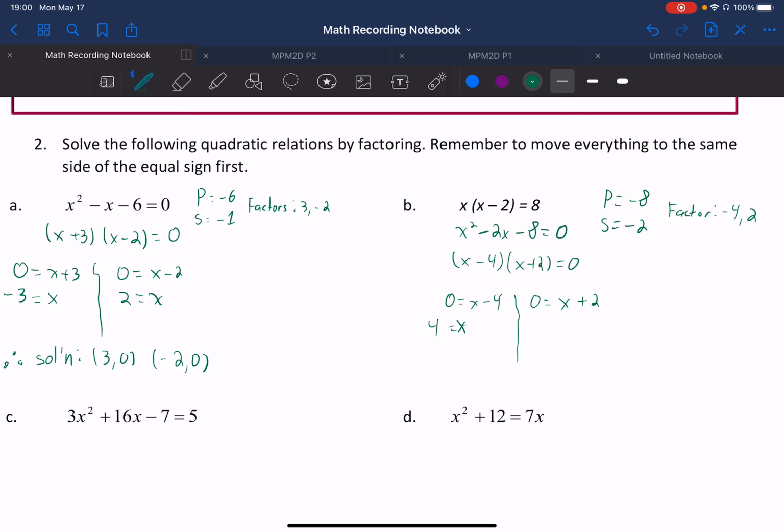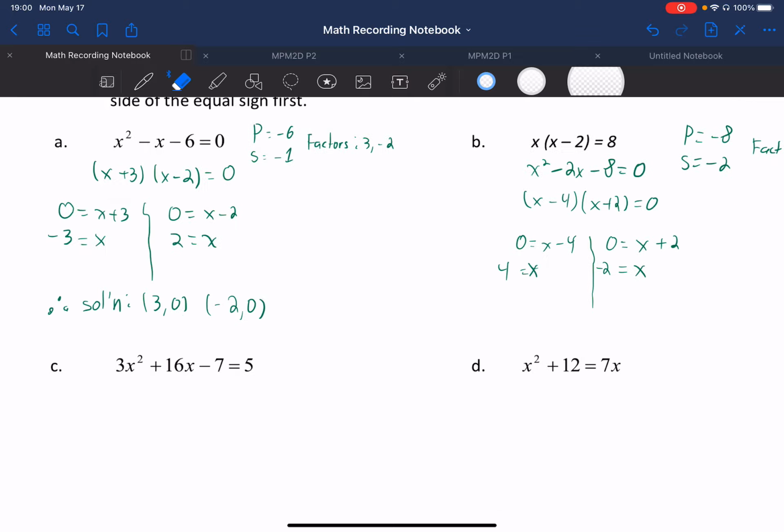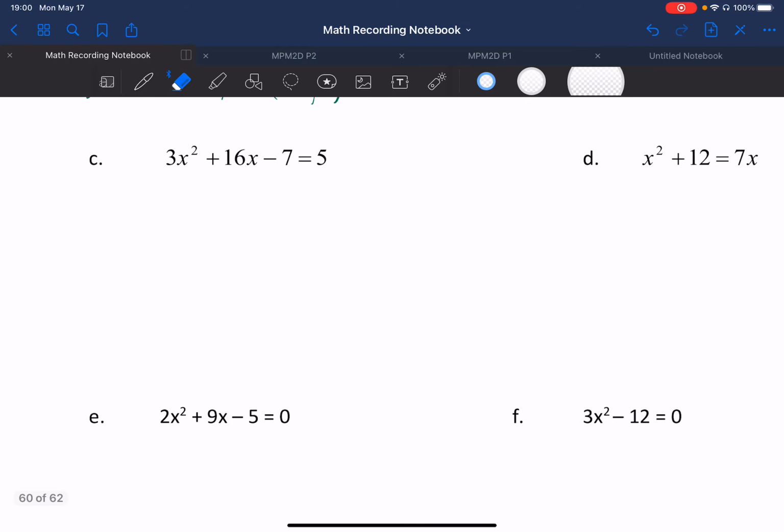We want to isolate x, so we shove the 2 to the other side, and we get x equals negative 2. So therefore, our solutions for these are x equaling negative 2, and x equals 4. Let's move over to the next one.